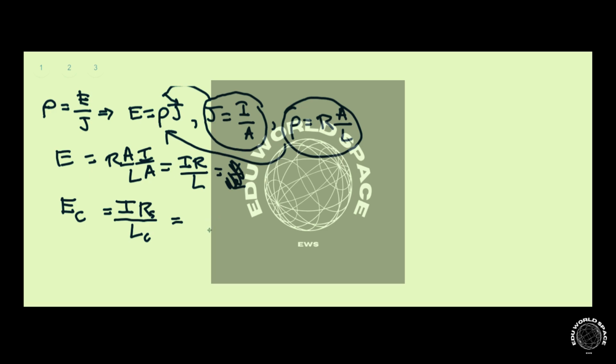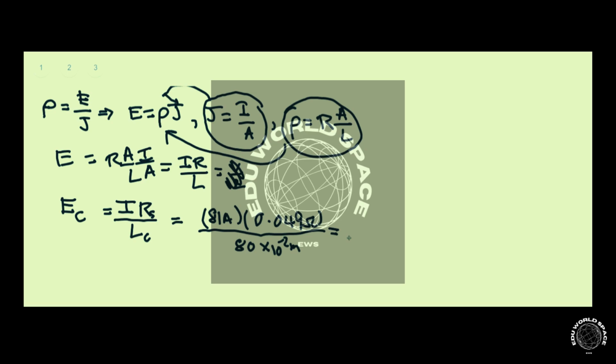So we found that it was 81 amperes times 0.049 ohms divided by 80 times 10 to the minus 2 meters.